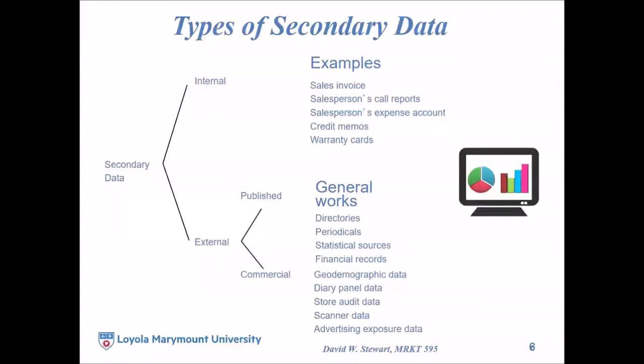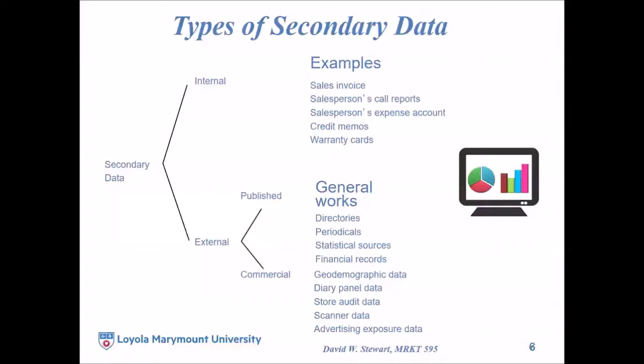They capture scanner data at the supermarket. They and one other firm, Symphony IRI, capture data at grocery stores, pharmaceutical places, and so forth, and then organize it, arrange it, and sell it back. But it's basically in-store capture of data.